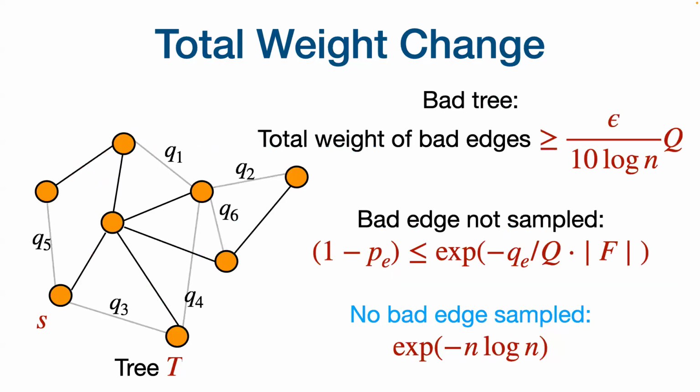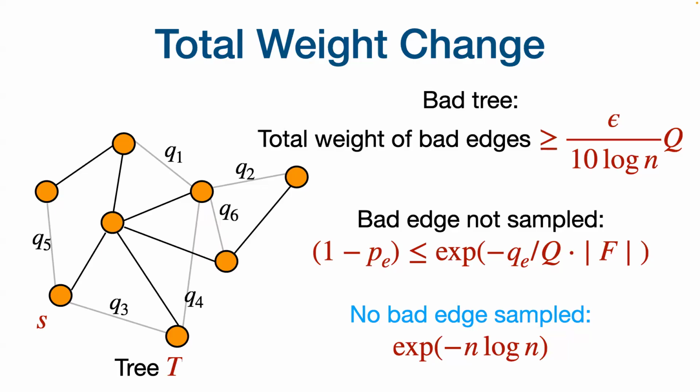That makes sense of the calculations. You fix some kind of a bad tree. It would correspond to some edges which are the bad edges, and you're just asking for the probability that you are not sampling these. Yes, exactly. I'm asking for the probability that this tree ends up being the shortest path tree, and that's only an upper bound.